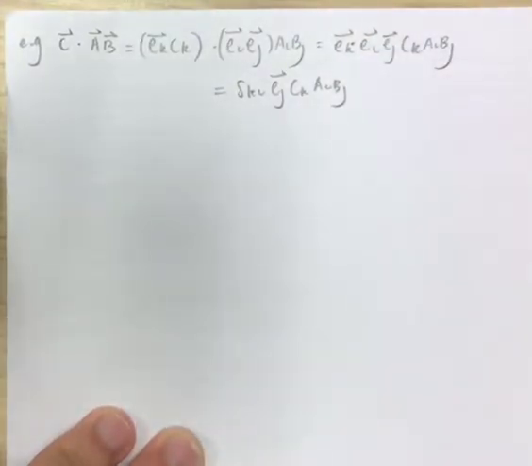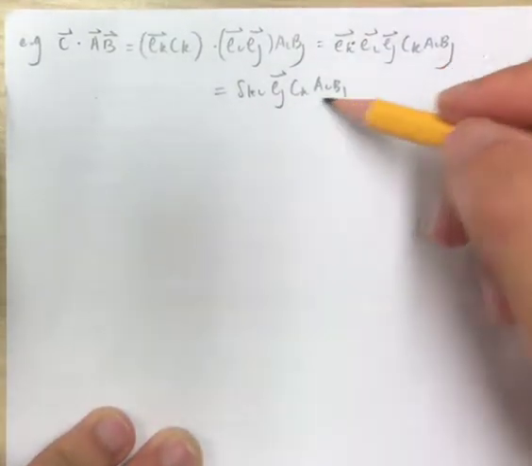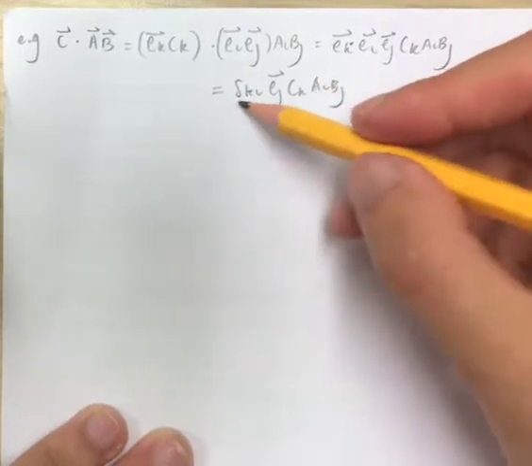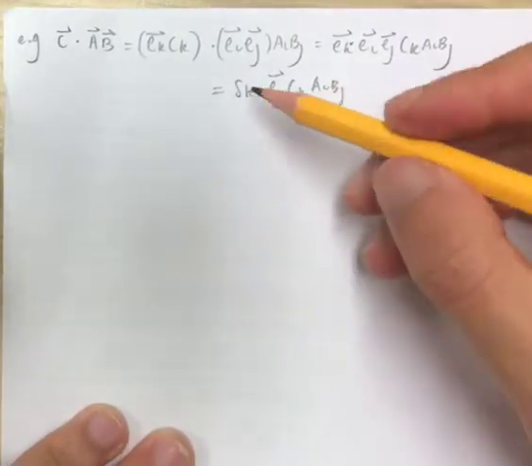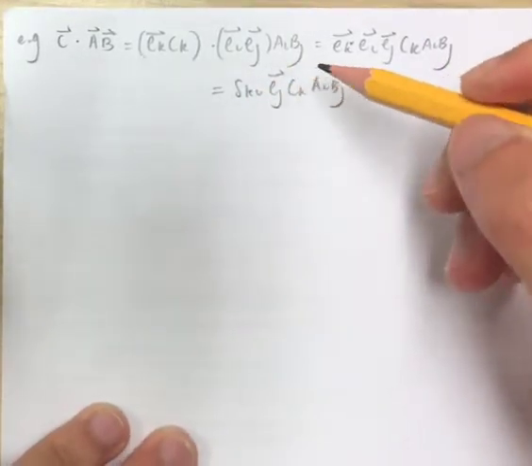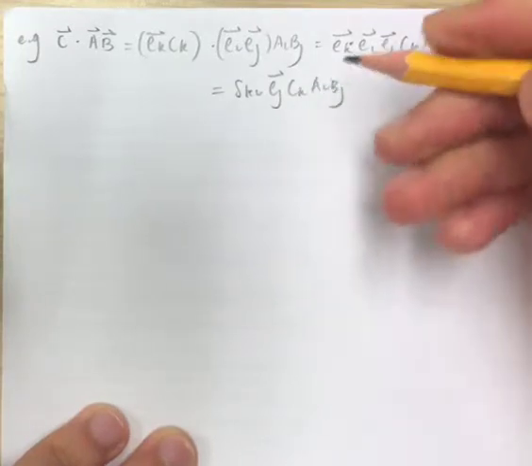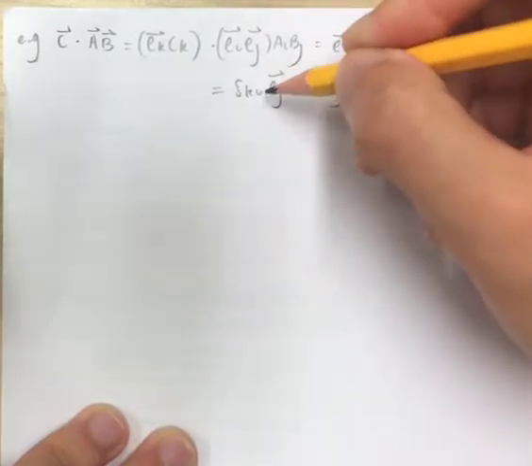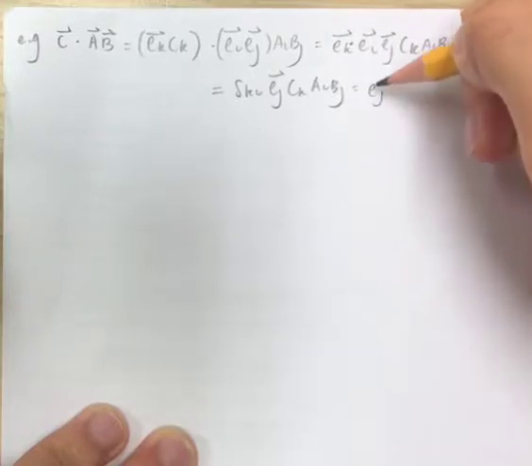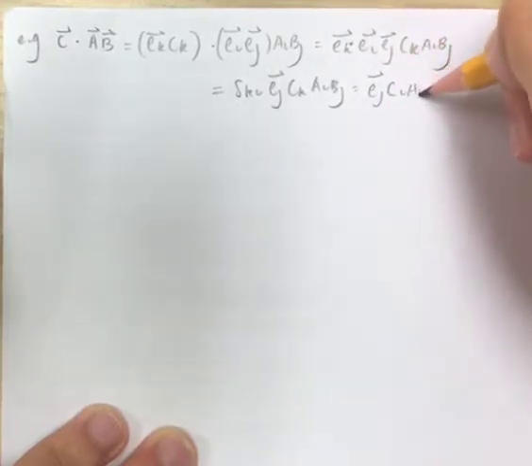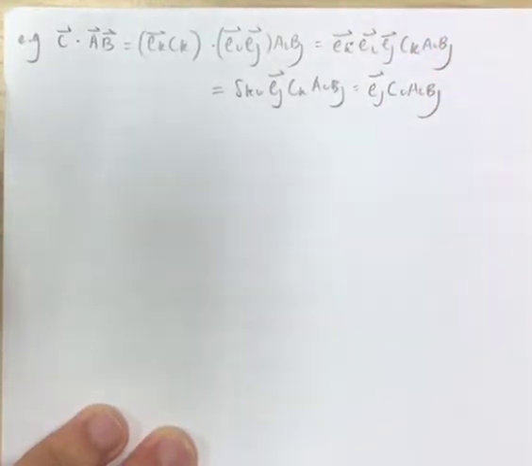Only when k equals i will we get a contribution from this thing. So we set k equals i, then we get delta_ii equal to 1. So e_j, C_i A_i B_j. We can say this is our final result.